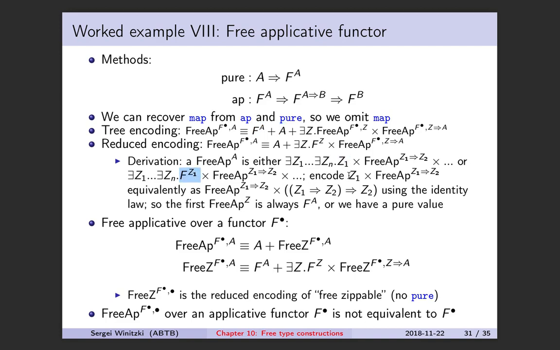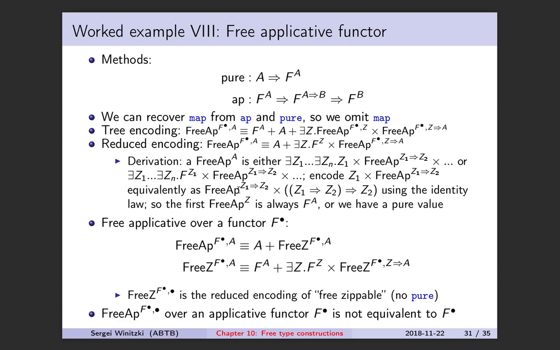So if we have an A to which we apply an app, we can encode that as something like this. So we can do an app with a pure here with a different type signature, because that's basically going to be a map due to the laws of the zip.